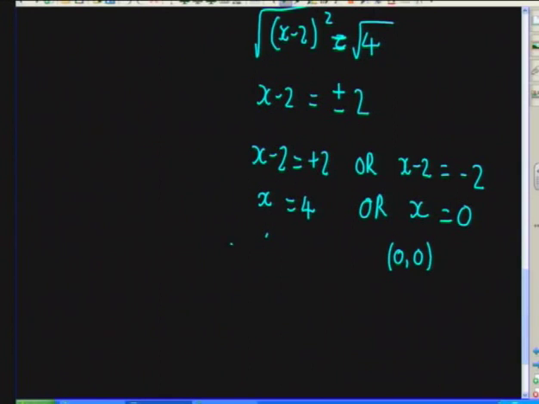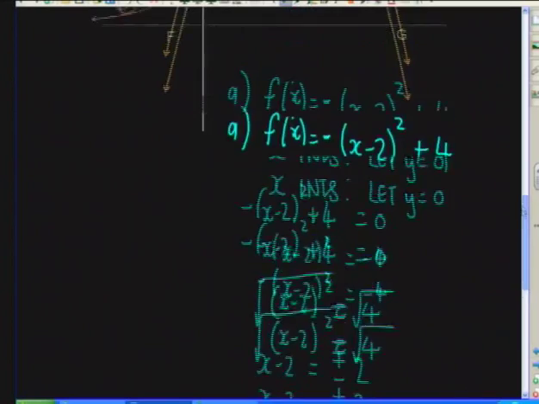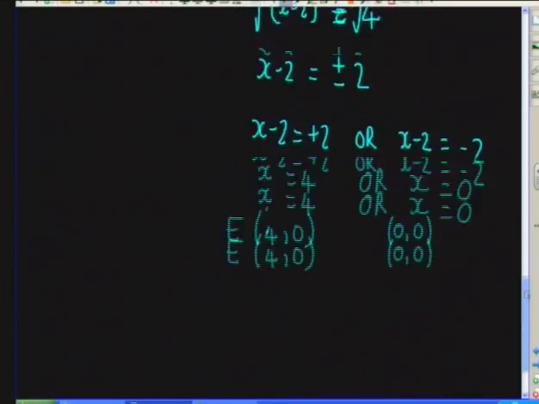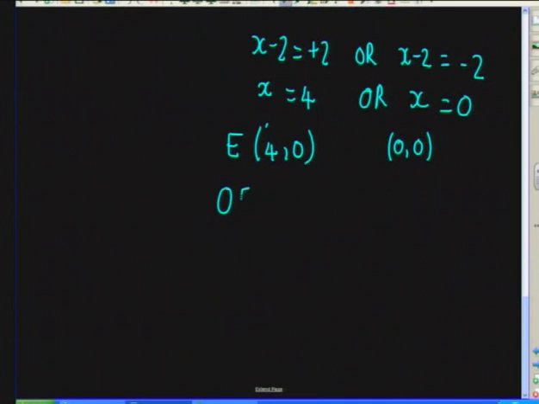Okay, which means that E must be the point (4, 0). So, if you want the distance from O to E, we know that the x value at point E is 4, and the x value at the origin is 0. So all I'm going to do is subtract. I'm going to say 4 minus 0, and I'm going to get that the distance from O to E is 4 units. So OE is equal to 4 units.